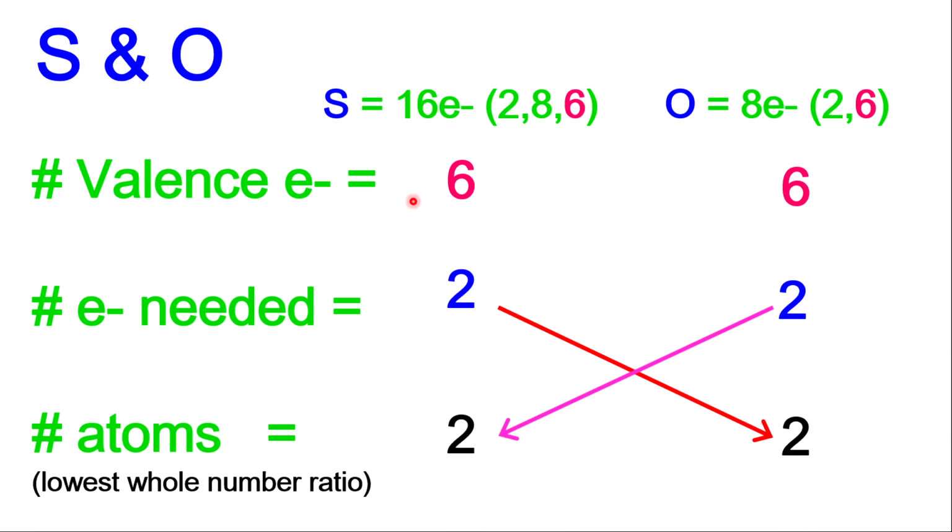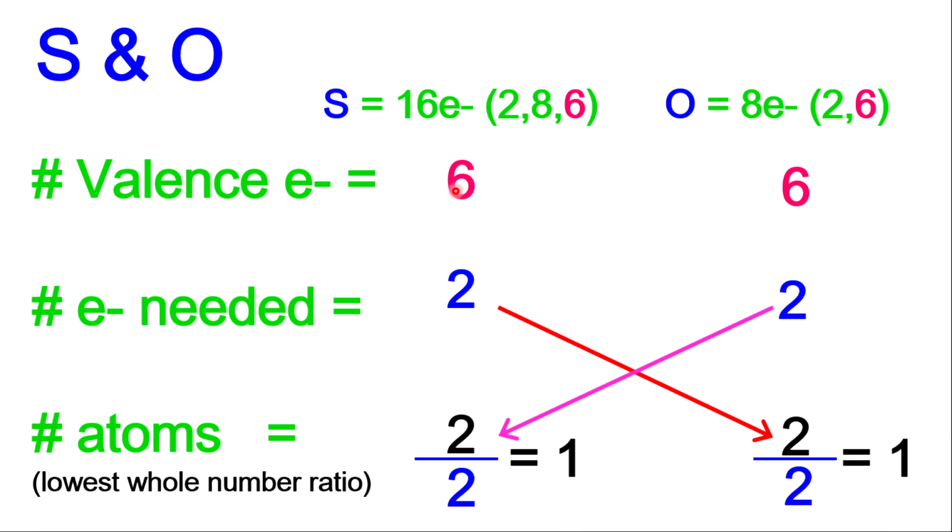The number of atoms of sulfur required here is 2. That of oxygen is 2. But notice the statement, we are working to achieve the lowest possible whole number ratio. 2 and 2 is not the smallest possible whole number ratio. It can become lower. So what we can do to make it lower is divide both sides by 2. If we divide both sides by 2, you notice you get 1 each.